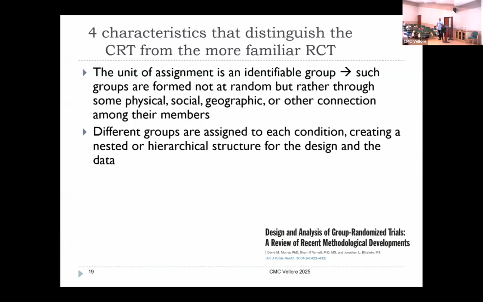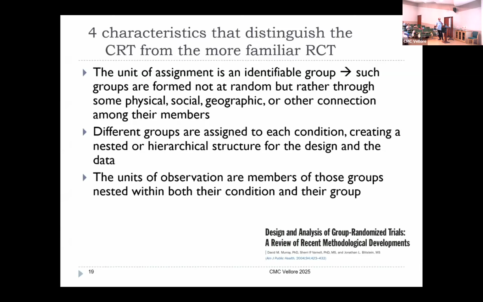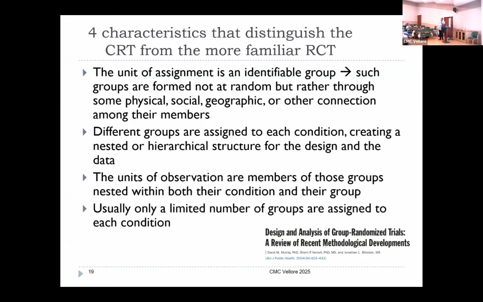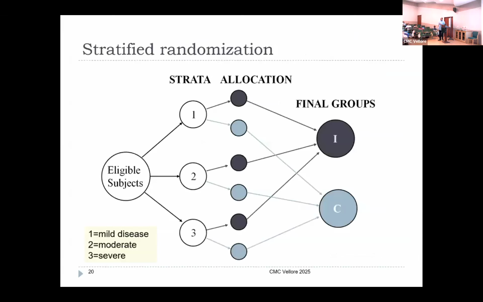We have a hierarchical structure, and the members of the group are nested within the cluster. And we usually have only a small number of clusters. When we randomize a small number of clusters, we don't get the benefit of randomization. Nothing is going to be balanced that well. This is a big problem, that we don't have that balancing effect of randomization. We'll see how people deal with it in a second.